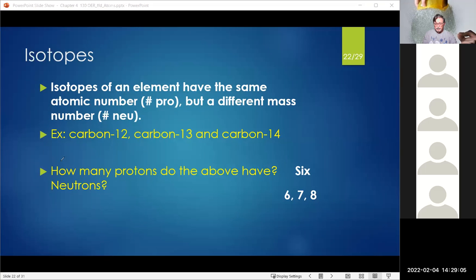And if we had included in here carbon 11, okay, then this would be 5, okay? And if we needed to write the notation, then we got carbon 11, carbon 12, carbon 13, and carbon 14, okay? All of them are carbon, all have the same number of protons. They only differ in the number of neutrons.